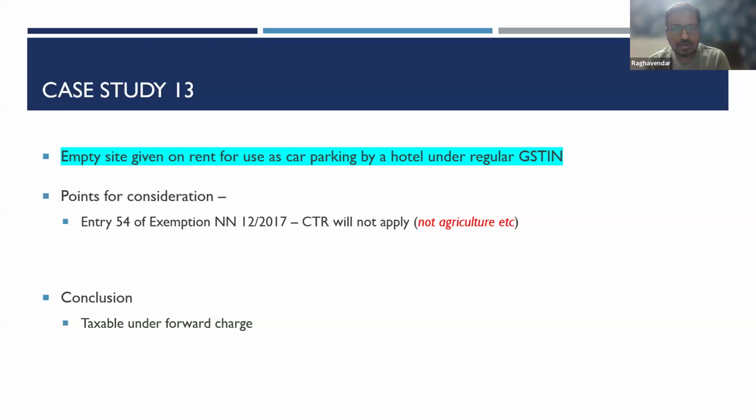It is only open land. So the residential dwelling entry will not apply. It will become a taxable supply under forward charge. The RCM entry will also not be applicable because there is no building structure as such.